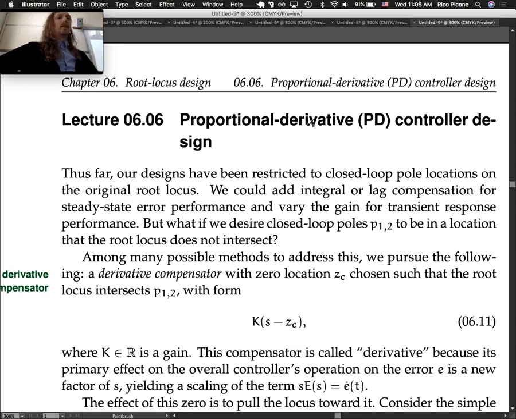And so this lecture will give you one way to move the root locus around appropriately so that you get a specific closed loop pole location that you desire, even if it's not on the root locus.